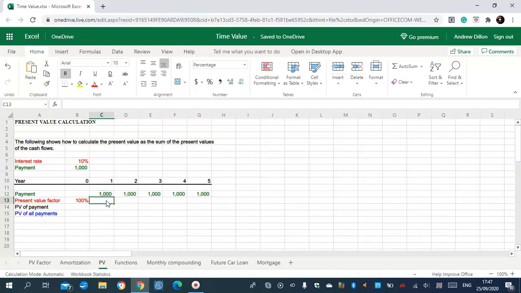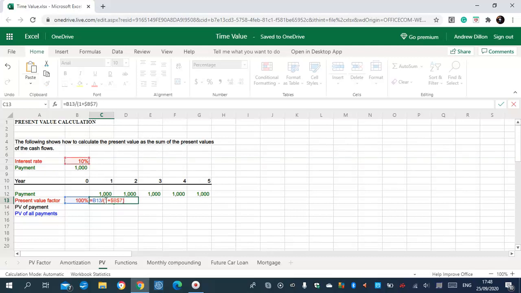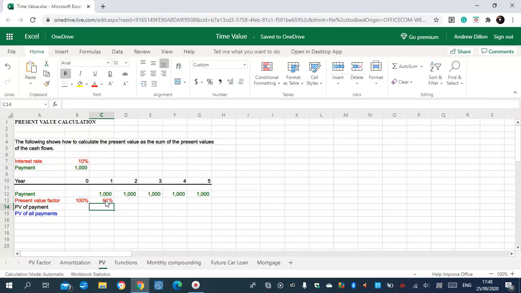Okay, now next thing is the calculated present value factor. 91%.